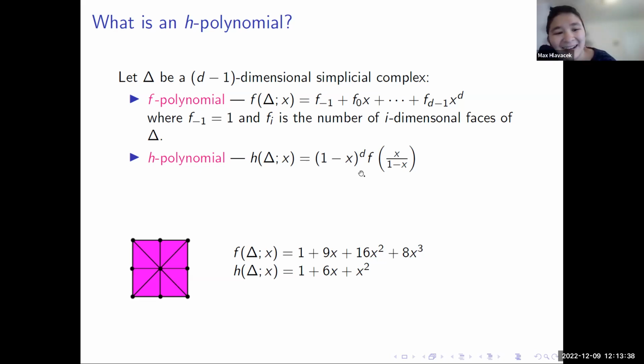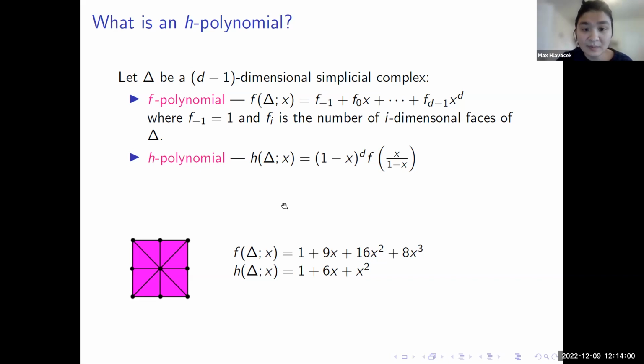The reason this polynomial is interesting after this basis change is that the h-polynomial often satisfies stronger properties than the f-polynomial, in the specific properties that I like to study, which we'll get to on the next slide, like unimodality and real-rootedness.